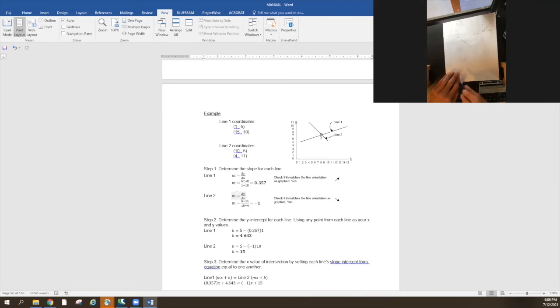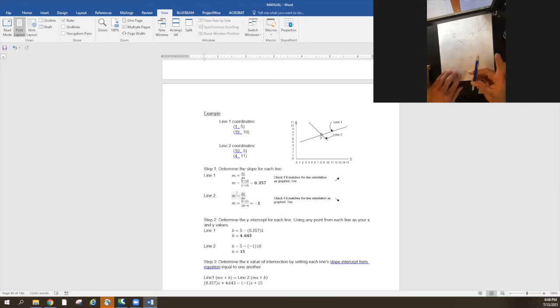Okay. You got to keep it consistent. You could do it the other way. I could have chosen 10 minus 5 divided by 15 minus 1. These two will equal the same thing, okay?